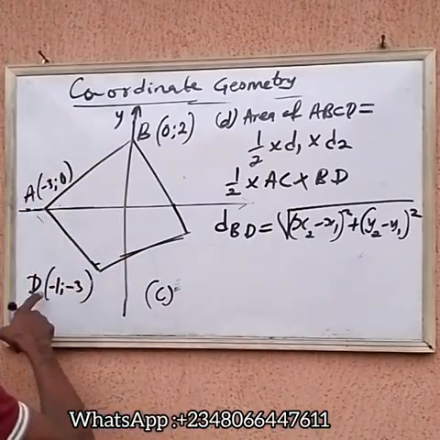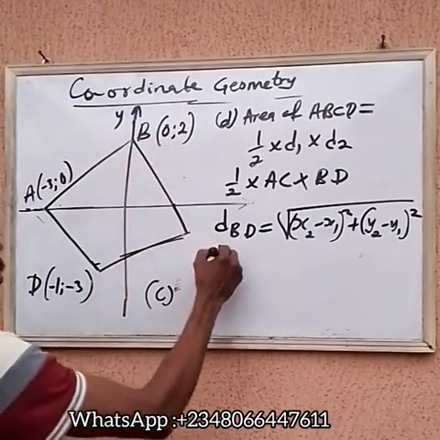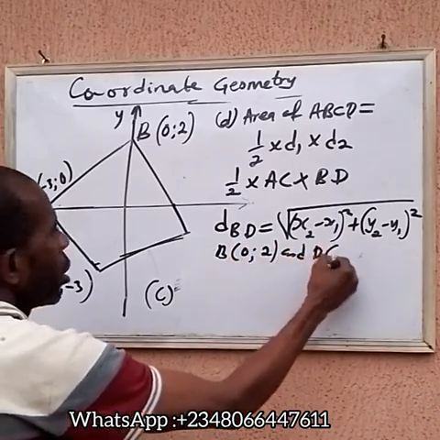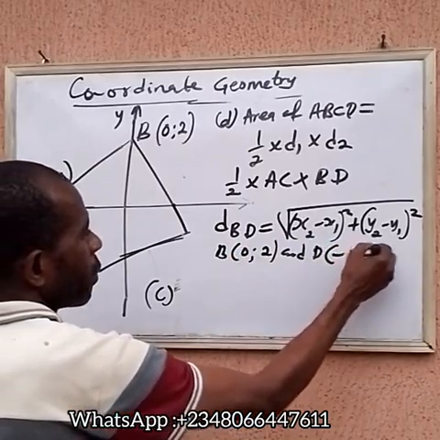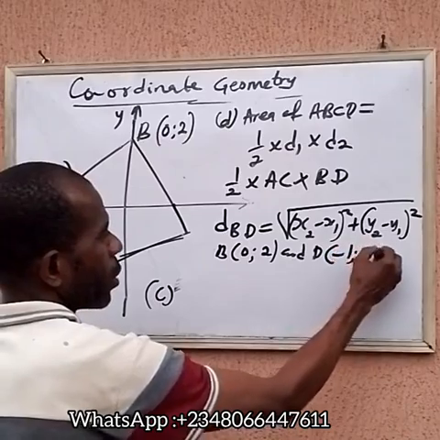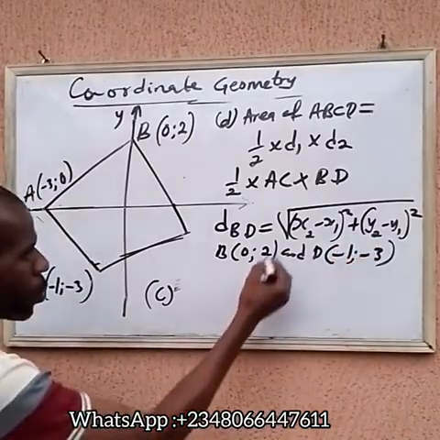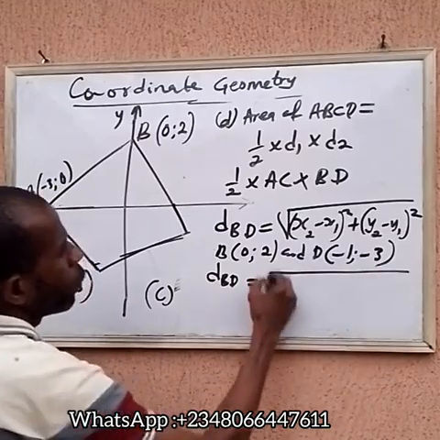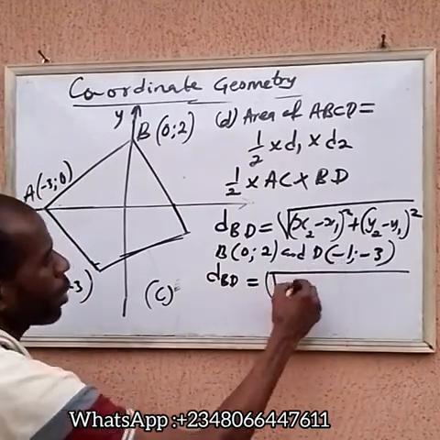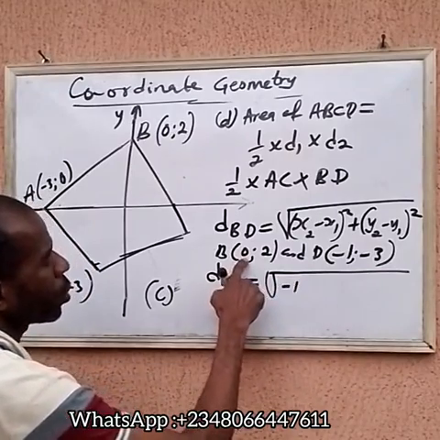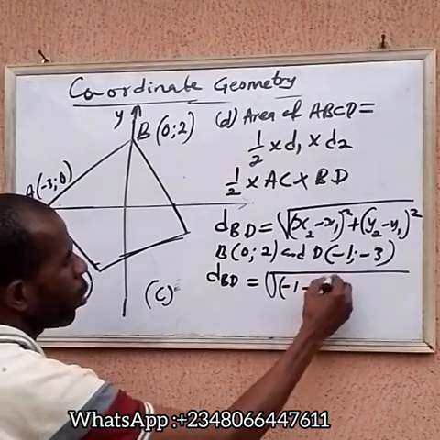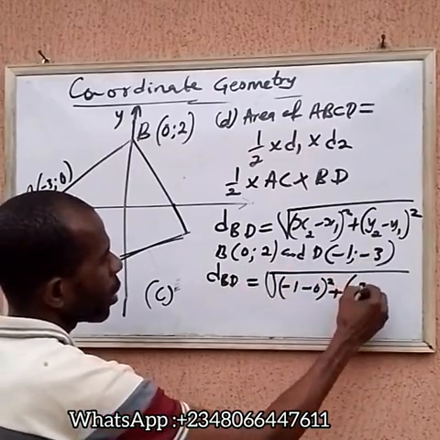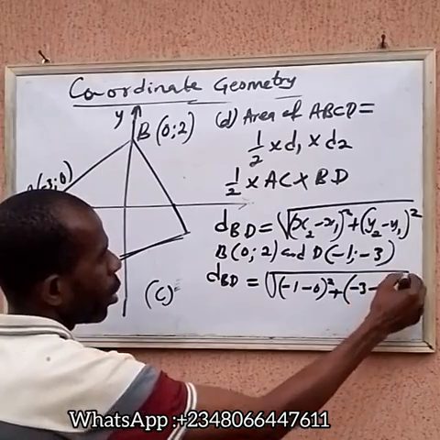Now let's go to the coordinates. We have B, 0 and 2, and D, we have negative 1, negative 3. Now let's input those values here. So the distance between B and D gives us the root of x2 is negative 1, x1 is 0, minus 0, all squared, plus y2 is negative 3 minus 2, all squared.